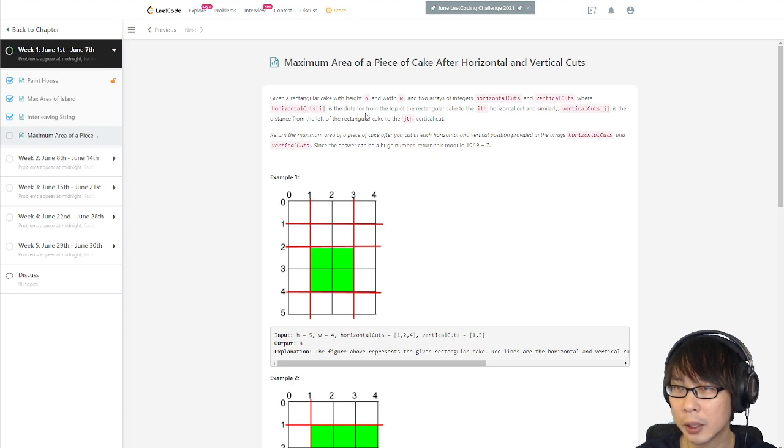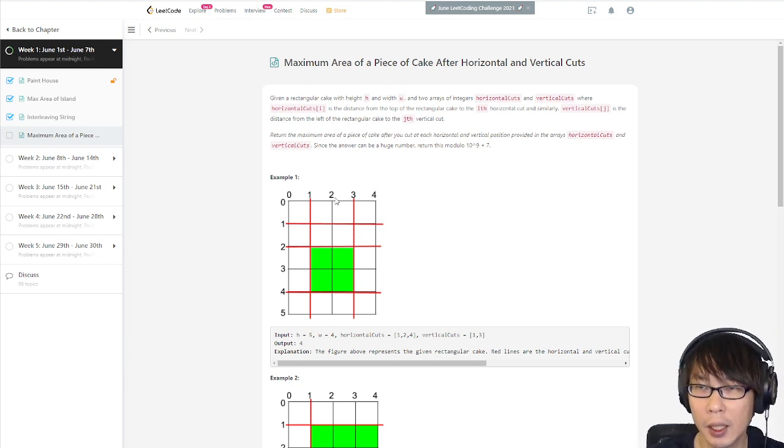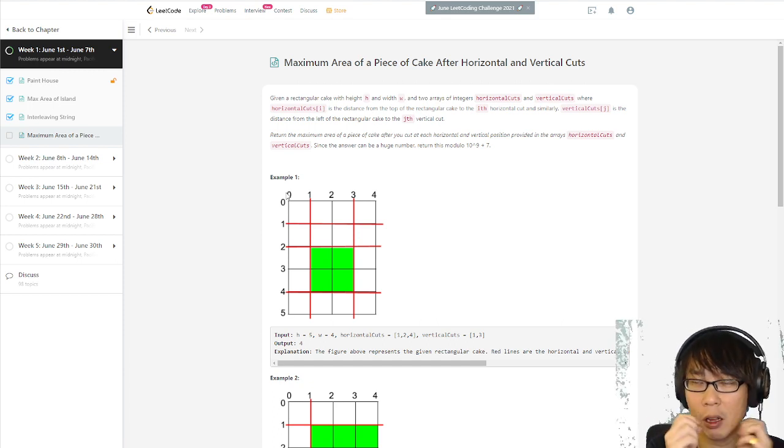Horizontal cut is the distance from the top of the rectangular cake to the ith horizontal cut, and similarly vertical cut is the distance from the left of the cake to the jth vertical cut. Okay, so it seems like we have 0, 0 in the top left corner of the cake.